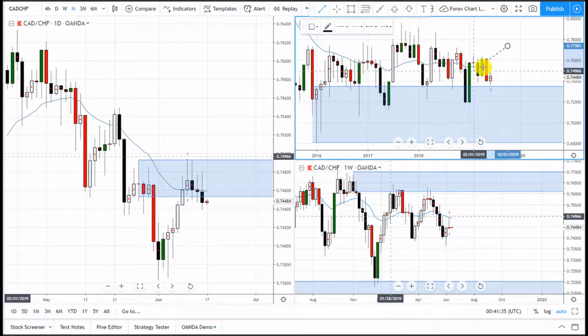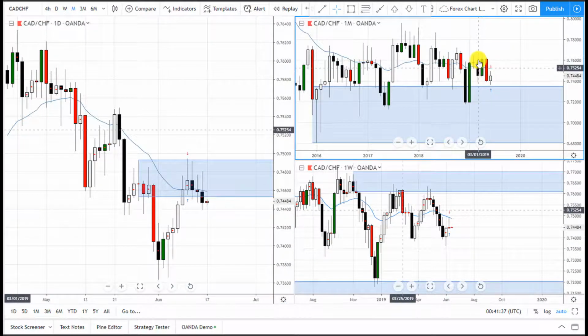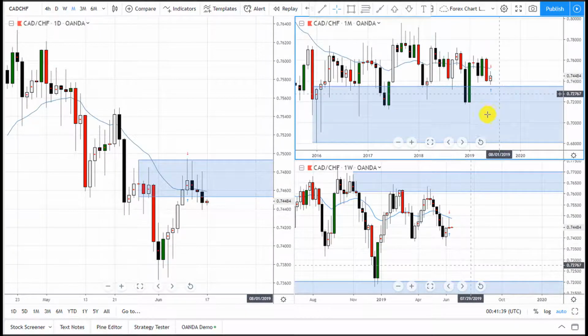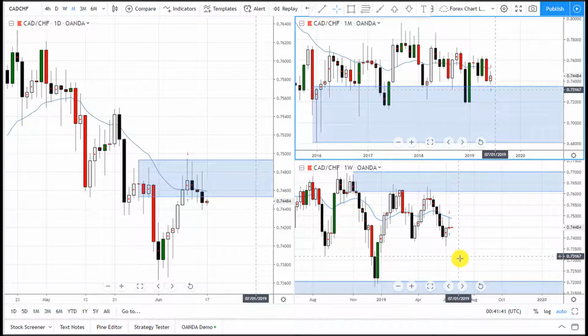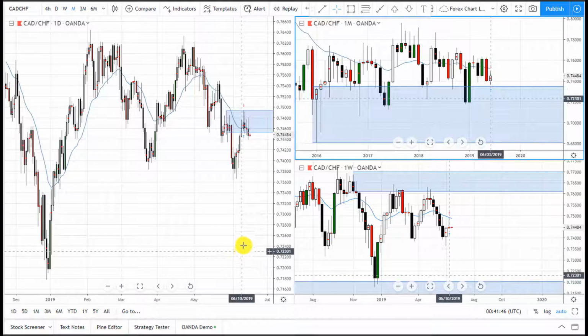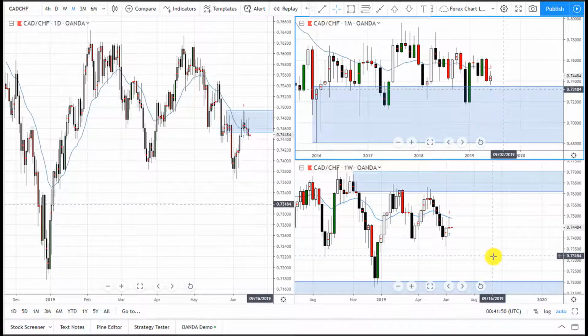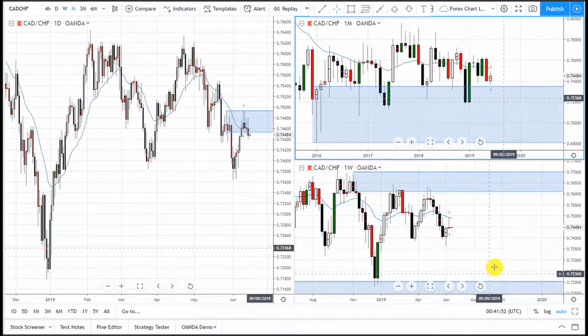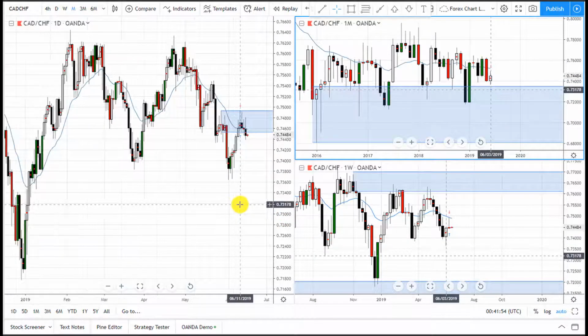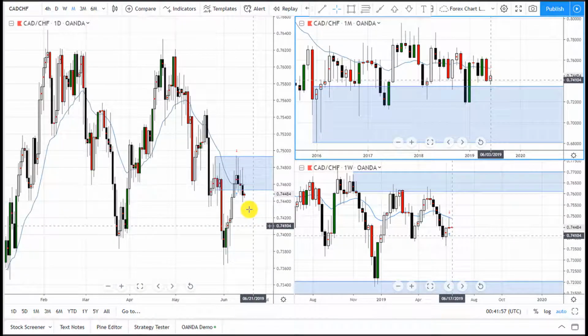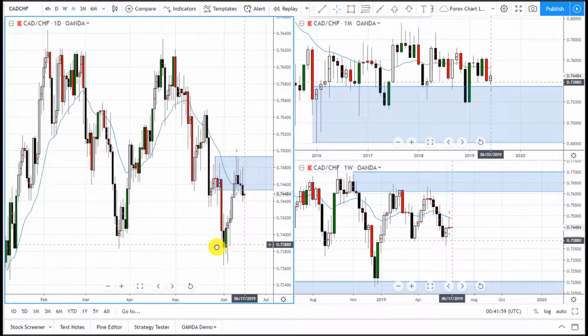This monthly made a bearish engulfing, so there's room for price to drop all the way down here. That would make a pretty good target for risk to reward on your short.